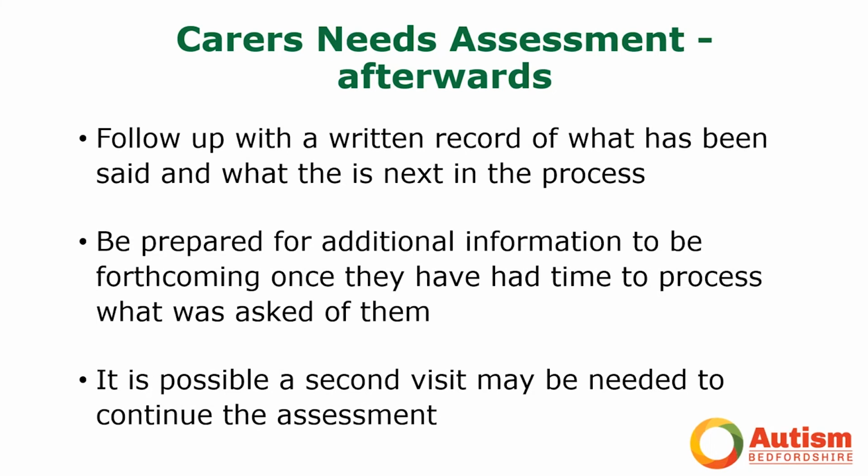Because for somebody who is autistic, after what has been said in the meeting, their anxiety is likely to increase. And especially when you're asking questions about difficult situations that they're dealing with. And when you're doing a needs assessment, you're looking at all the dark side. You're not looking at any of the positive sides of things. So it is going to create a lot of emotion.